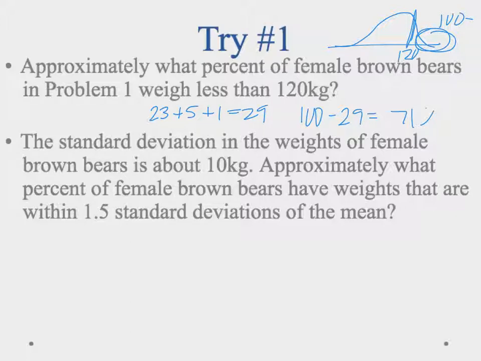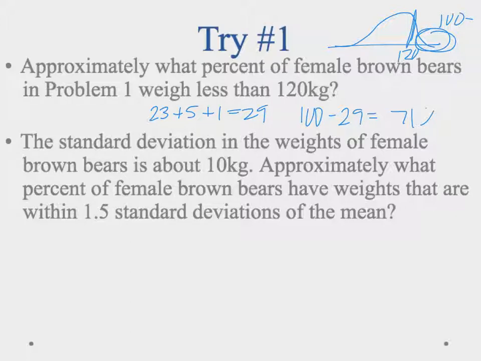And then the last question says the standard deviation in the weights of female brown bears is about 10 kilograms. Approximately what percent of female brown bears have weights that are within 1.5 standard deviations of the mean?